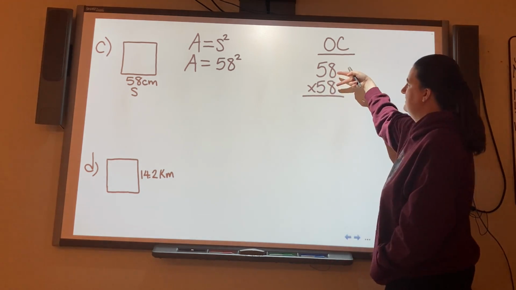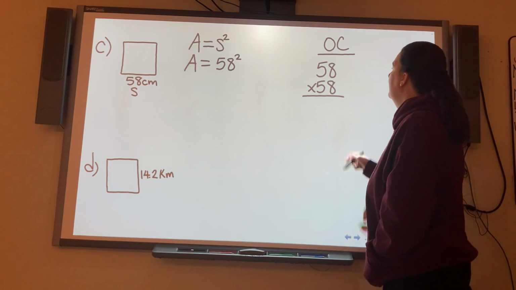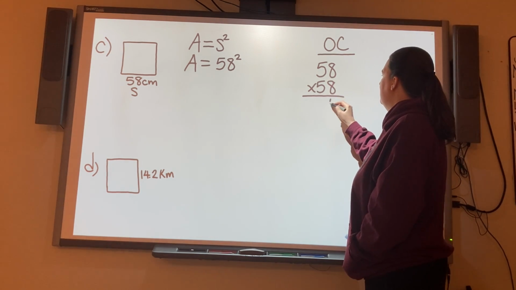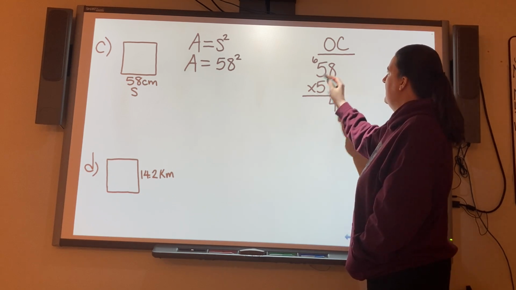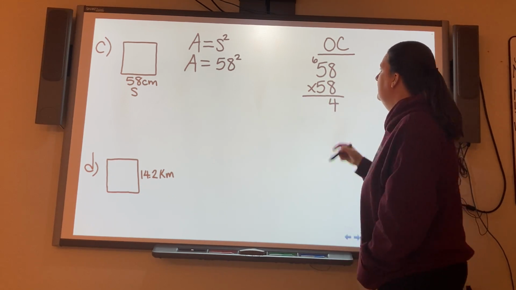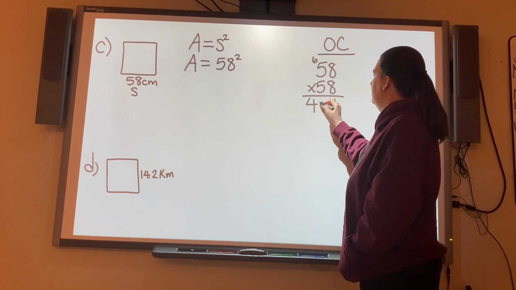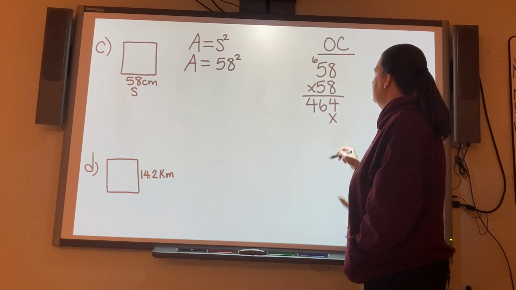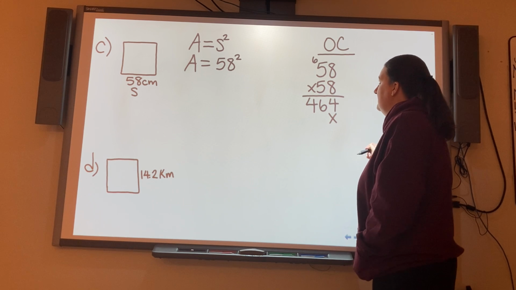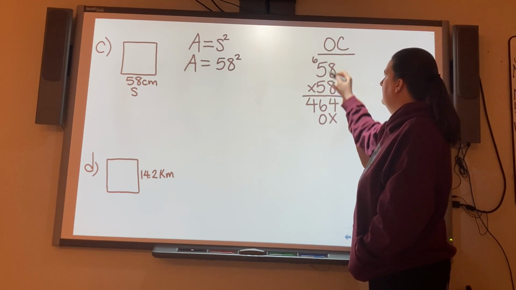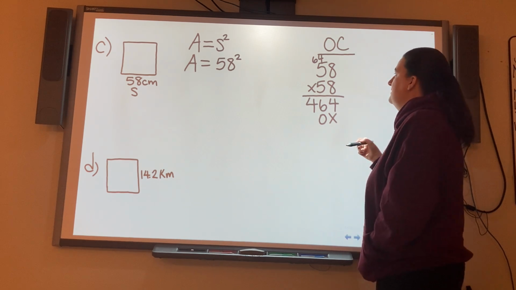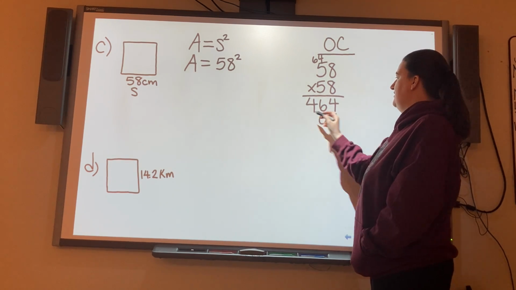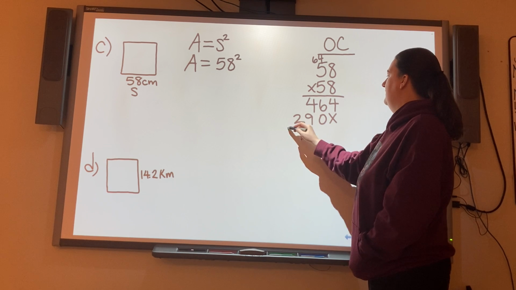2 58s times together. 8 times 8 is 64. Carry your 6. 8 times 5 is 40, plus the 6 that you carried. Put your X. 5 times 8 is 40. Carry your 4. 5 times 5 is 25, plus the 4 that you carried is 29.